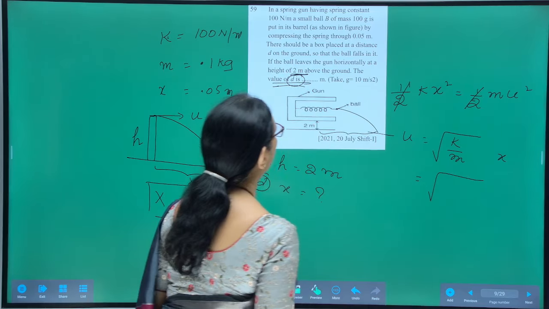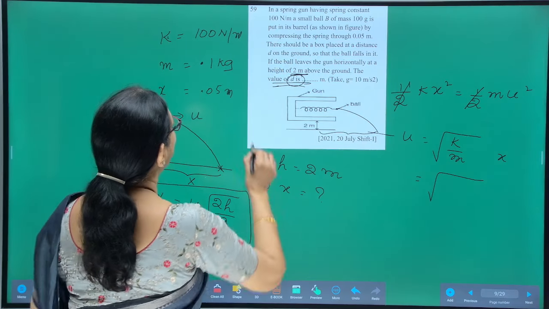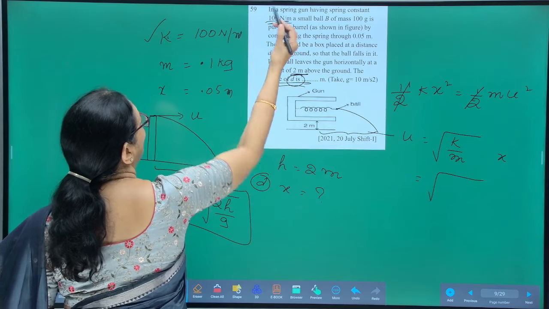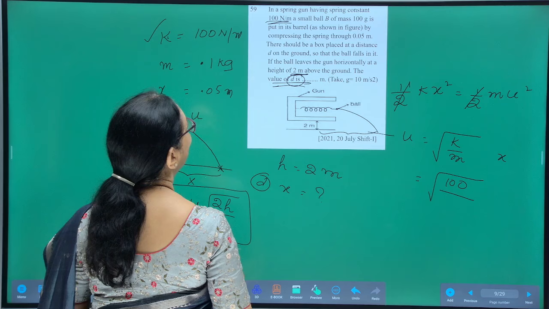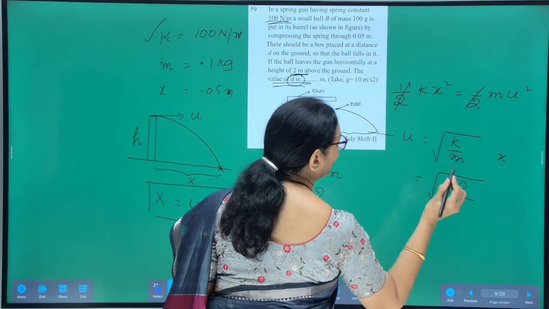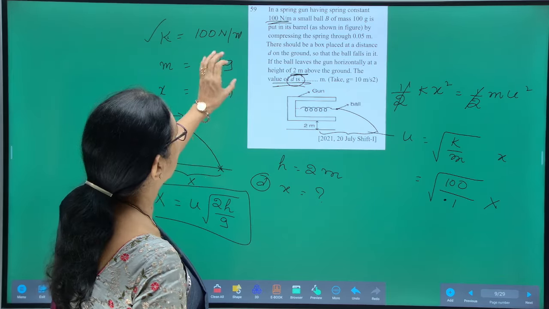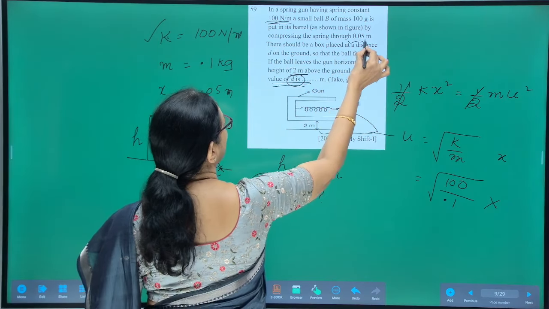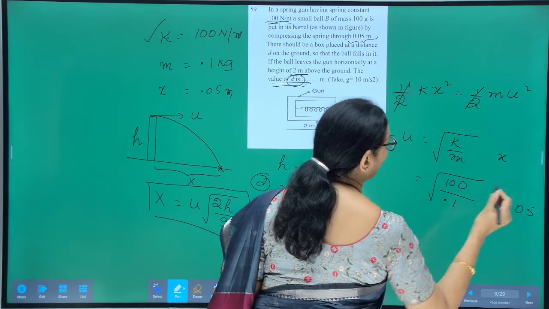In this problem, what is the value of k given? What is the spring constant? It is given as 100 Newton per meter, and mass is given as 100 grams. If you convert that, it is 0.1 kg, and it is compressed through a distance of 0.05.